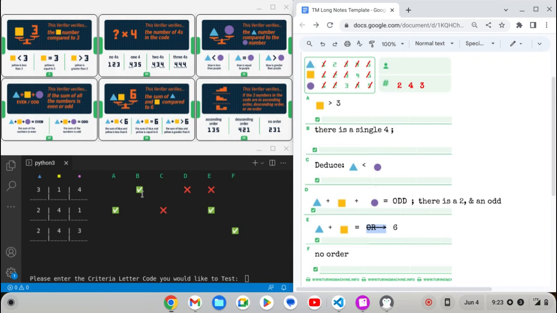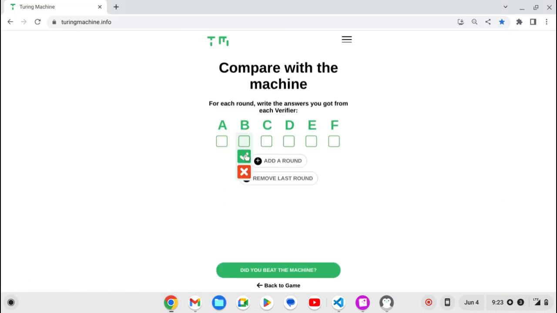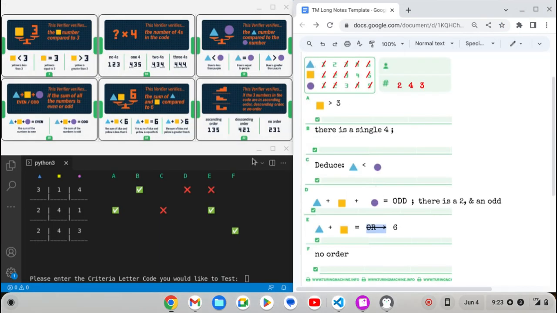So in the first turn, we did BDE, and then ACE, BDE. So B was correct. D and E were incorrect. And then we did ACE.